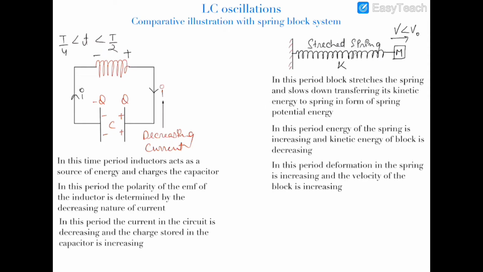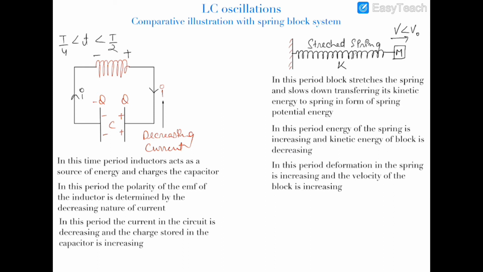But now when the inductor is charging the capacitor, the inductor is giving its energy to the capacitor, and hence the current flowing in the circuit would be decreasing, because the energy of the inductor is decreasing and the energy of the capacitor is increasing. So the current is decreasing, and the polarity of the EMF of the inductor would be decided by this decremental nature of the current.